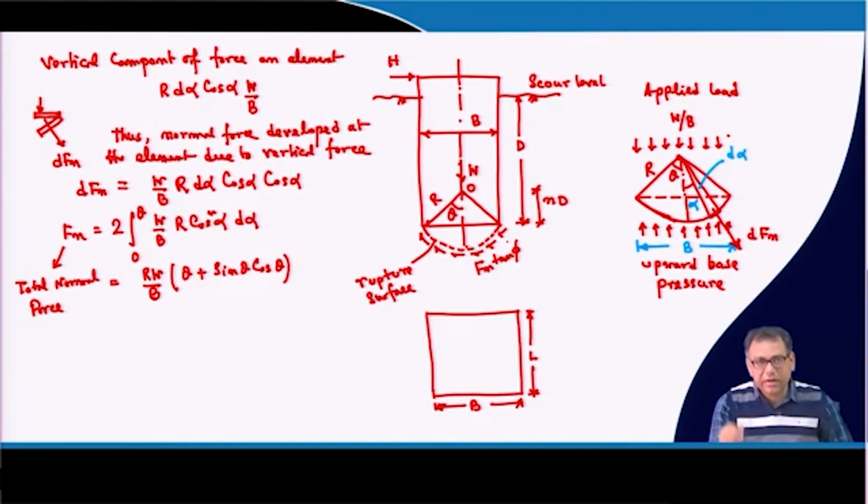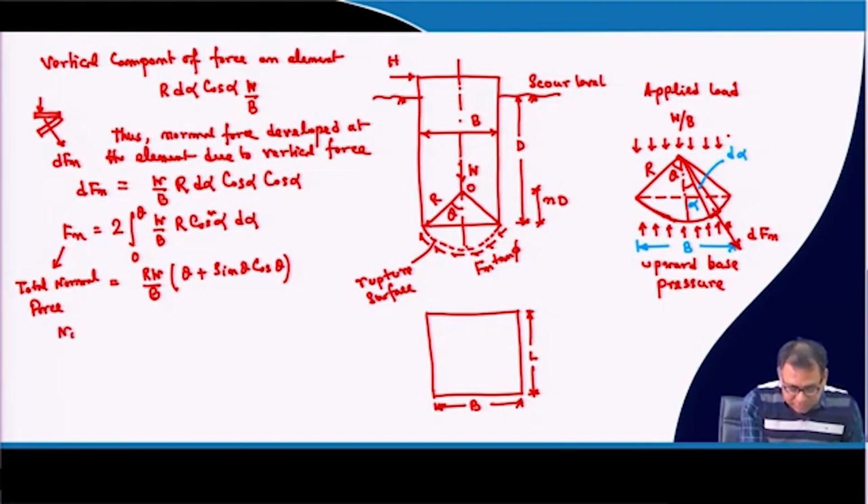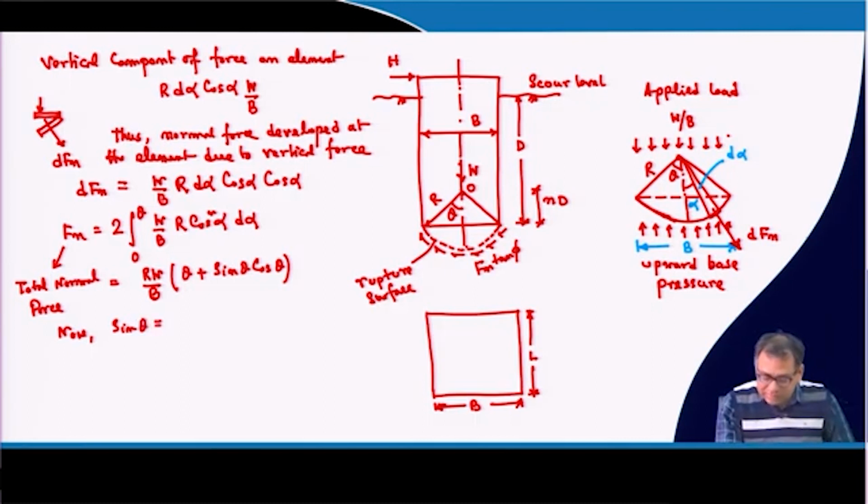So, there will be a rupture surface within the soil below, and the total normal force along that rupture surface is W R by B, theta plus sin theta cos theta. Okay. Now if I look at this figure, this is theta, this is N D, this is R and this one is B. So, this will definitely be B by 2.